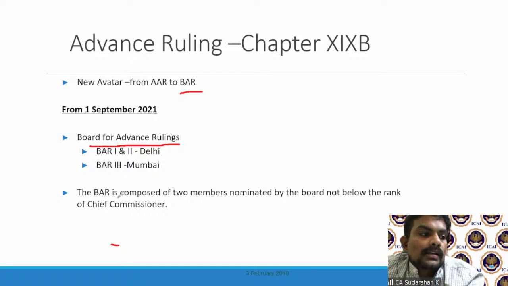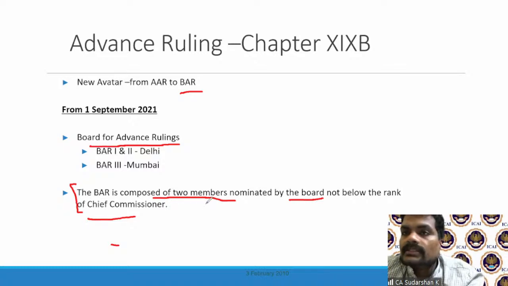But now in BAR, as you can see, the Board is composed of 2 members who are nominated by the Central Board of Direct Taxes, not below the rank of Chief Commissioner. So effectively the Board for Advance Ruling members are 2 IRS, 2 tax officials. So now you can understand there may be an element of bias in favor of revenue.